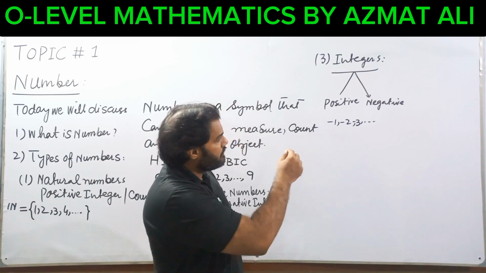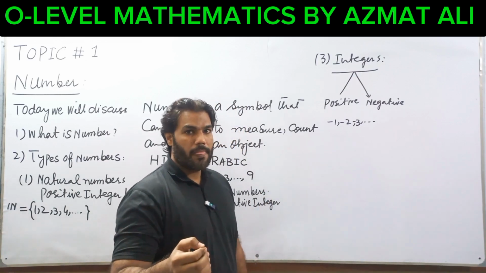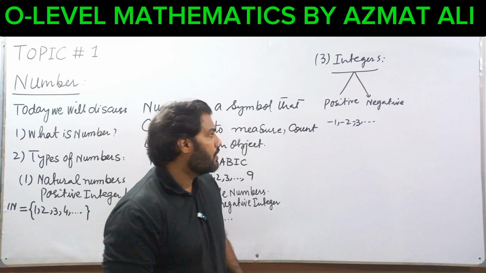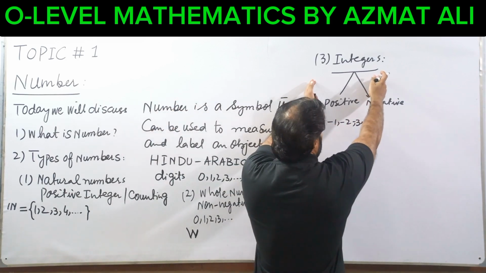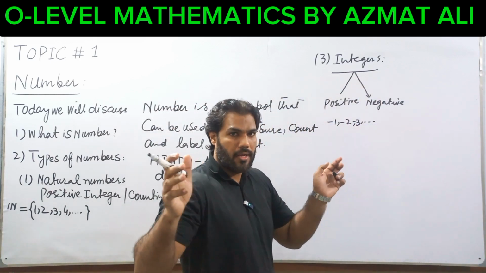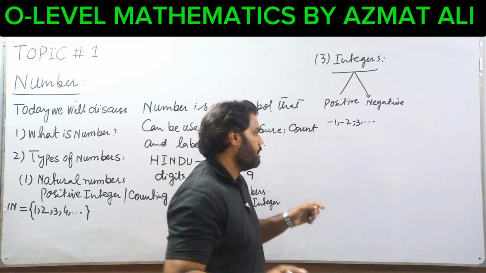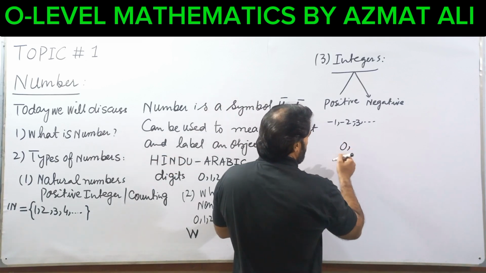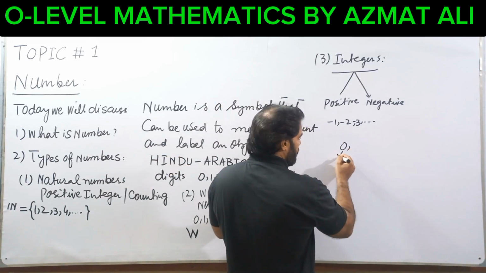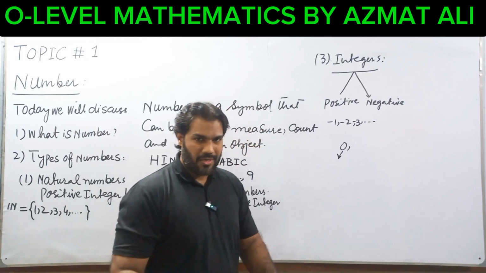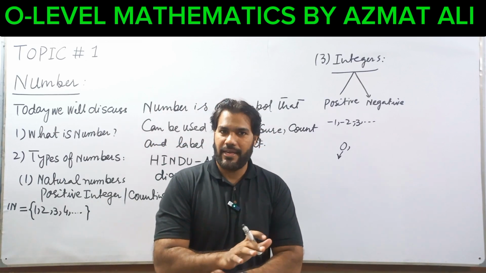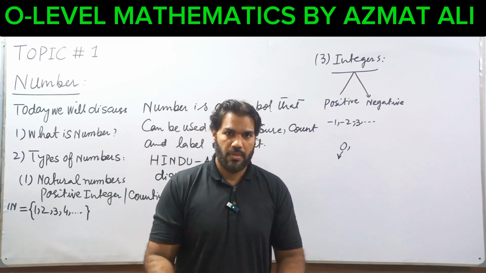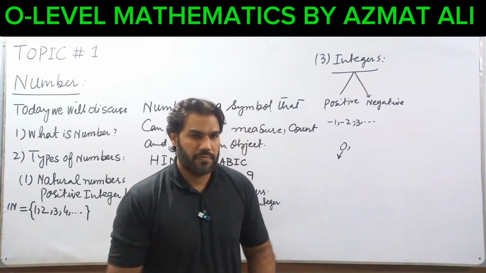And further, these positive integers and negative integers include the number 0. So the set of integers includes 0. 0 is a neutral number. It is neither negative nor positive.